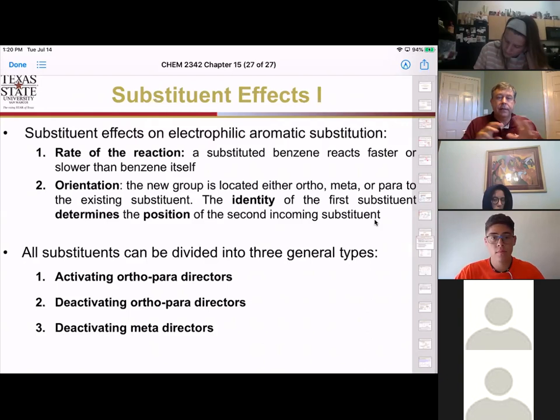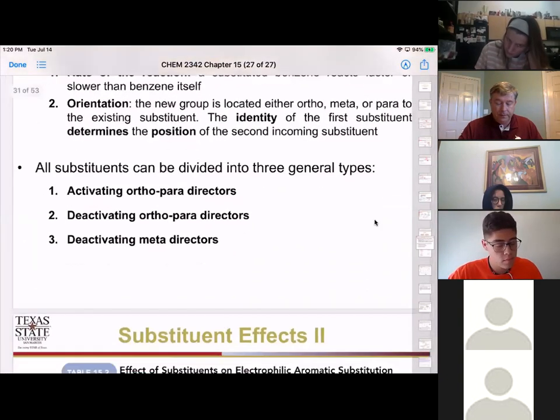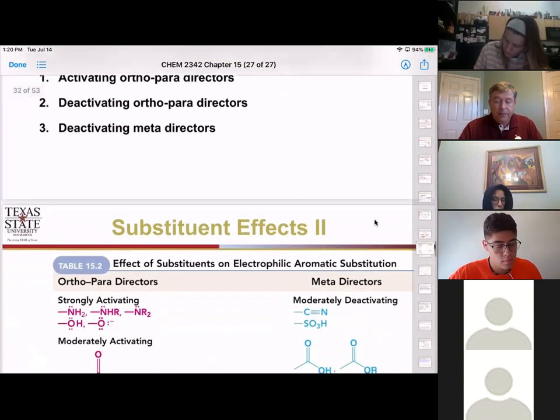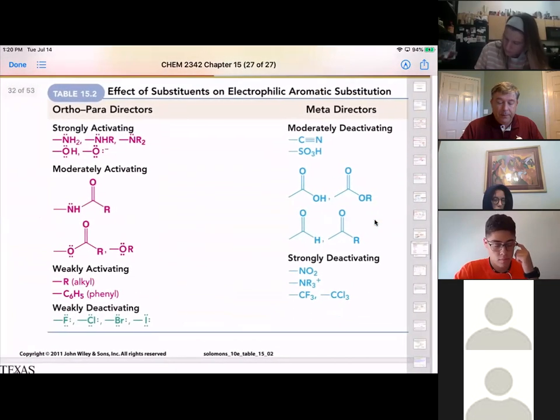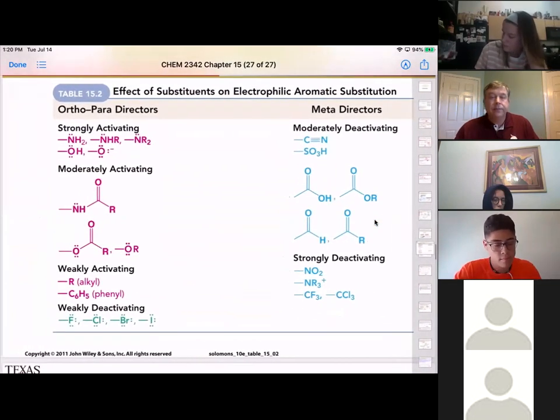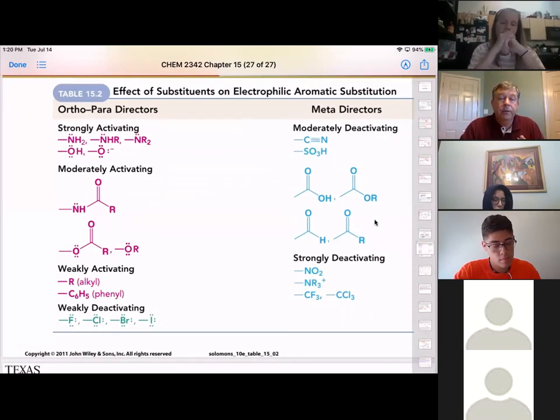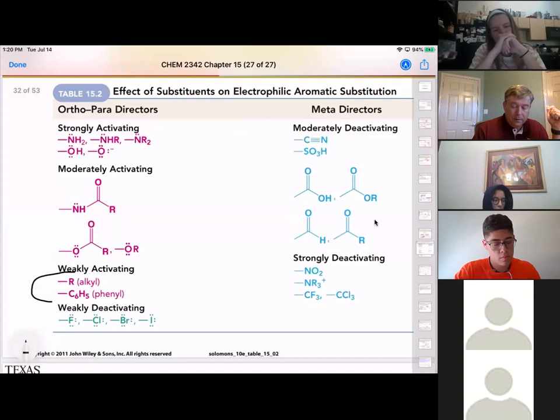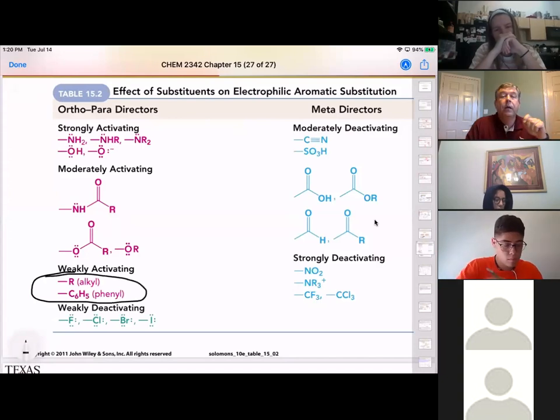Okay, so let's summarize that. If we were to take that and summarize that into a table, it would look something like this, okay? And the thing I want to draw your attention to is that ortho-para directors, except for the presence of the carbon ones here, notice there is a lone pair on the atom bonded directly to the benzene ring, okay?